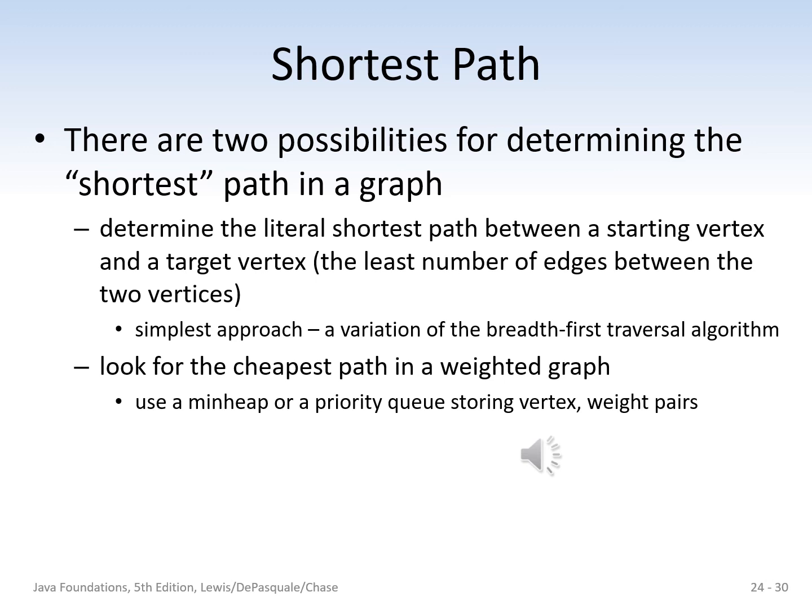That is the least number of edges between the two vertices. The simplest approach to do this is a variation of the breadth first traversal algorithm. Or secondly, we could look for the cheapest path in a weighted graph. In this approach, we're going to use a min heap or a priority queue, storing vertex and weight pairs.